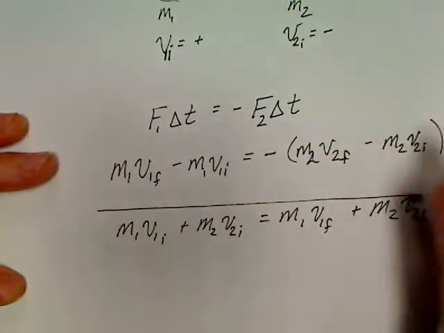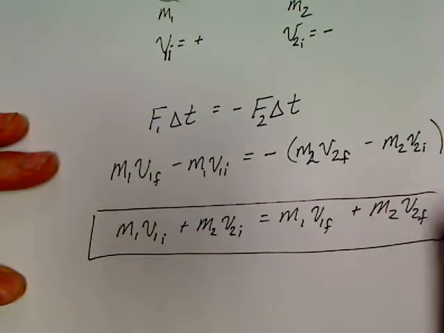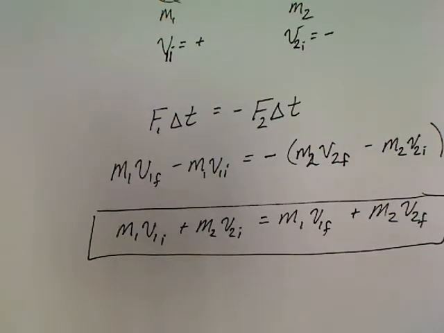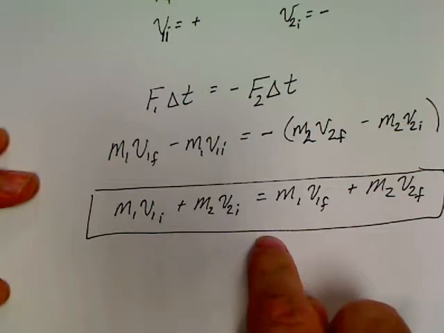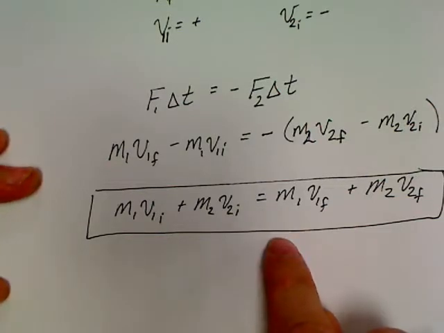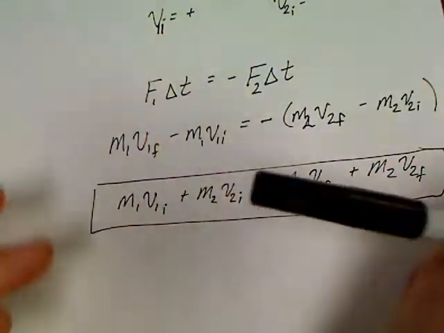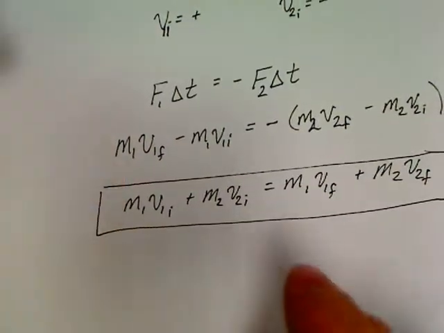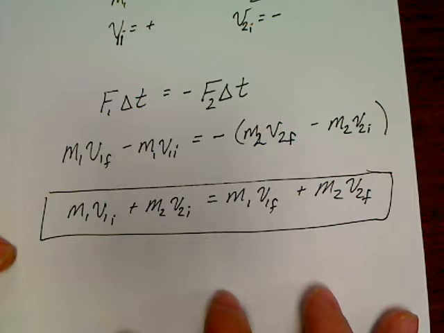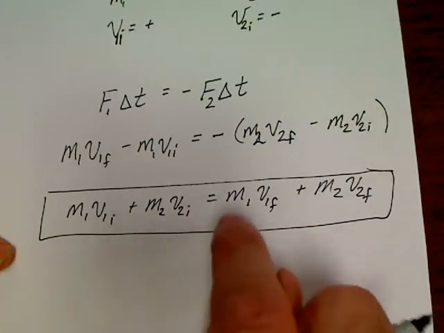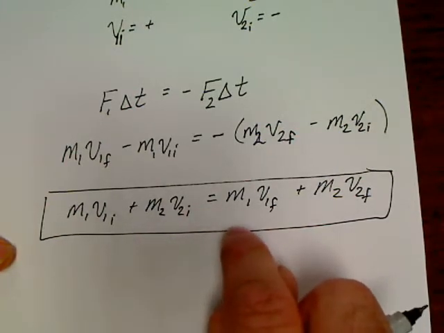And this is actually our true conservation of momentum equation right here. We use this equation for a lot. If you have two things hit each other and bounce off each other, or something that explodes, like a gun shooting a bullet, and those are the first problems we're going to work, what I call explosion type problems. But we can work it all off of this.